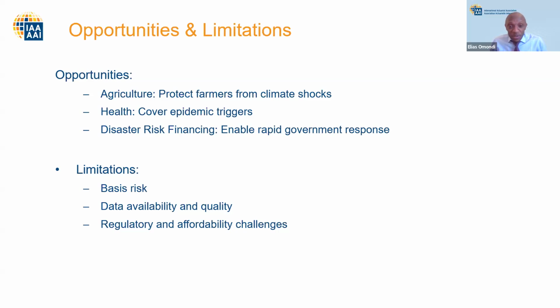Above that, there are other limitations, because each and every solution has its own shortcomings and shortfalls. One of the key things when you come across parametric insurance is the need to minimize these limitations. So issues such as basis risk, and we'll talk about it in further detail. It can arise from two areas.